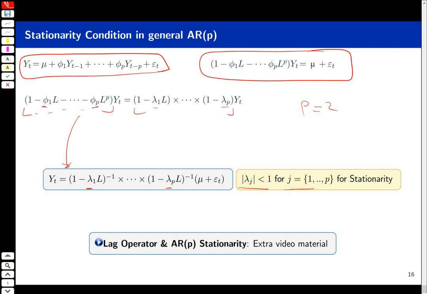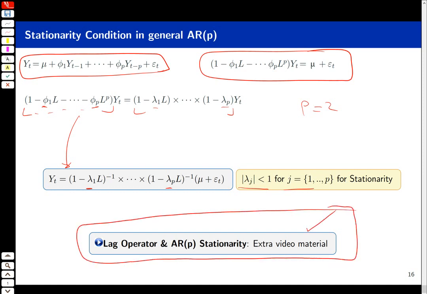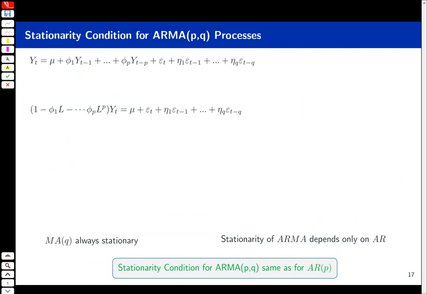Well, just divide both sides by 1 minus L. So if lambda 2 was 1, this would just be 1. So we divide through. L behaves like a polynomial, so this is just a geometric progression. 1 over 1 minus L is just 1 plus L plus L squared and so on.